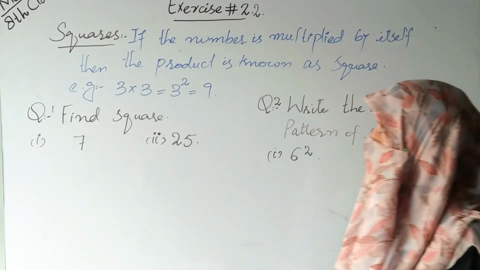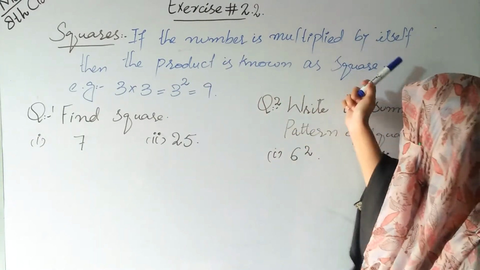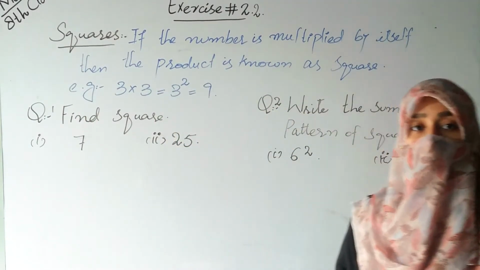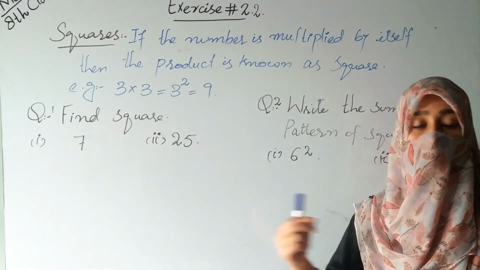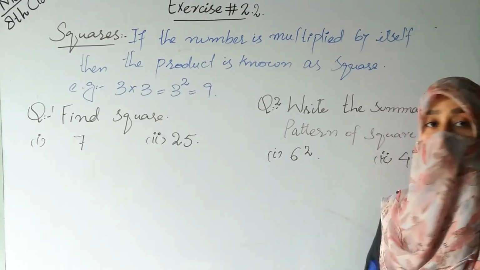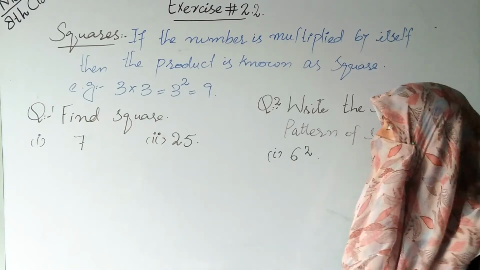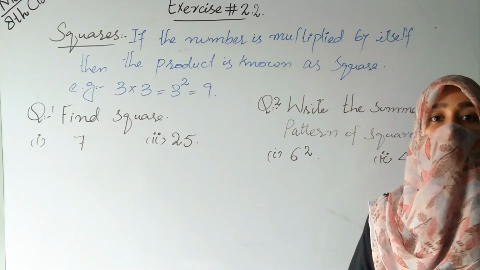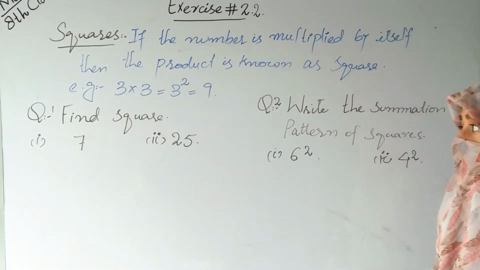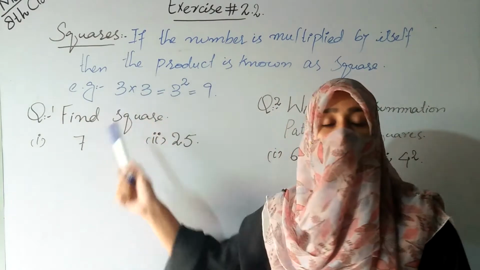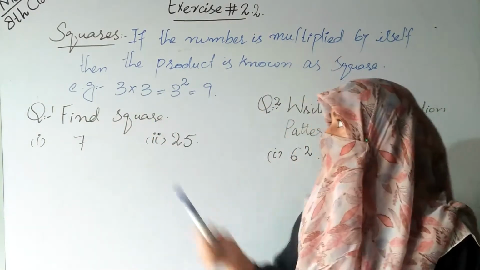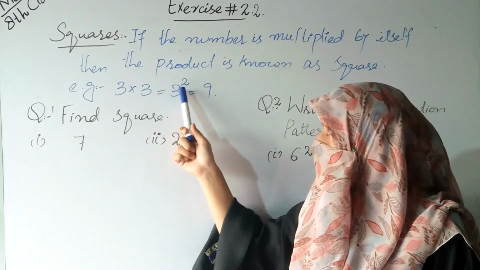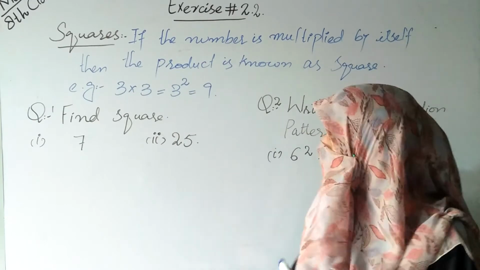So what is a square? If a number is multiplied by itself, then the product is known as the square of that number. For example, if we multiply 3 by 3, meaning the same number is multiplied, it becomes 3 power 2.